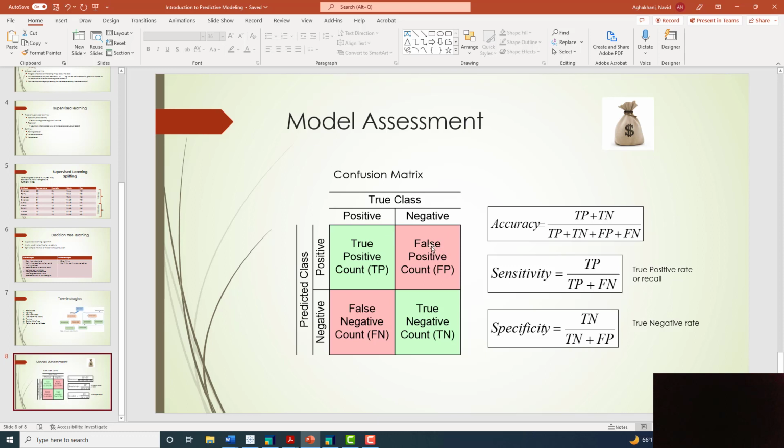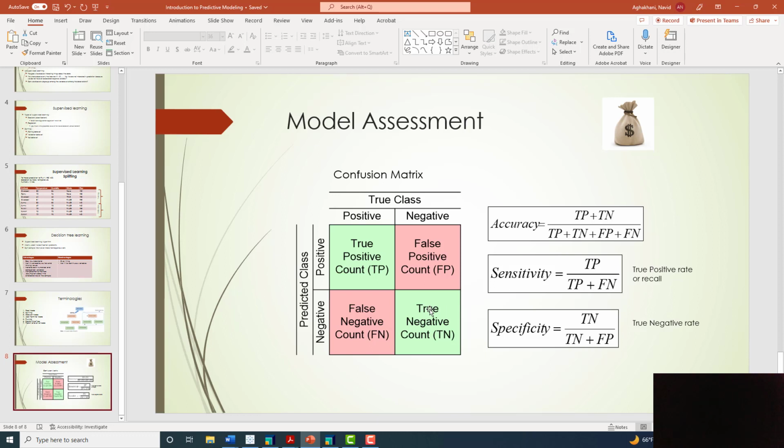False positive means that the true value of that dependent variable was no, however, our model predicted yes, which is a false positive. False negative means that our model predicted no, however, the true value of that class was positive.